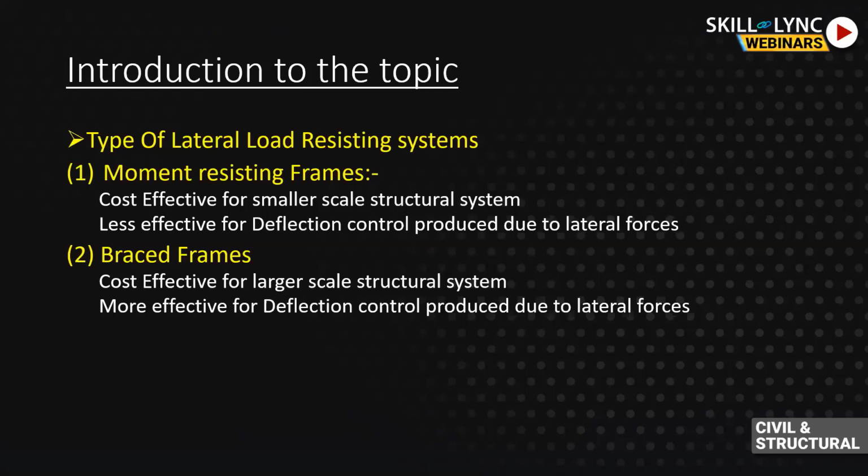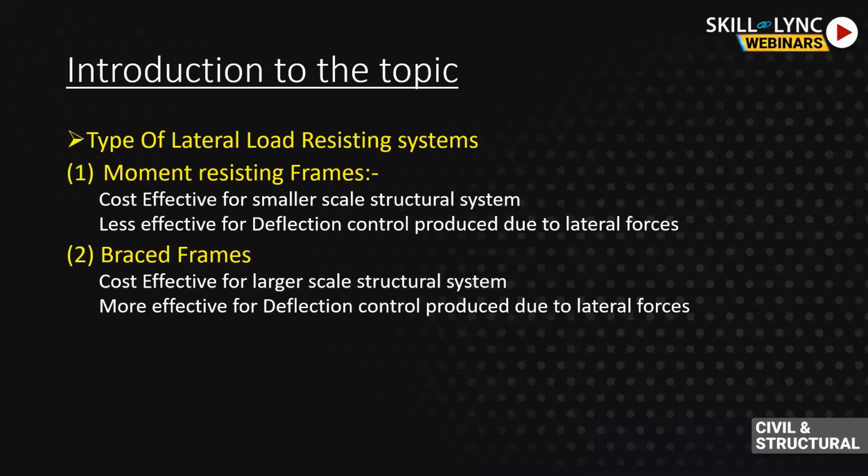Brace frames, on the opposite side, are very cost effective for large scale structure systems where the load is large, the span is higher, and the beam has more length. In that case, the brace frame is more effective than the moment resisting frame. Also, deflection control is very prominent when you provide bracing. The same is discussed today with the case study as well.